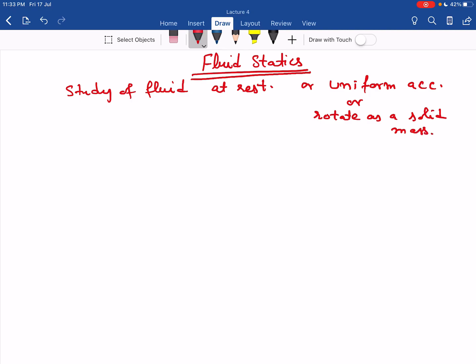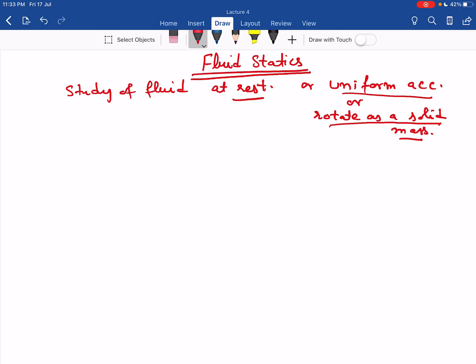Okay. So fluid statics means study of fluid at rest or the fluid which is moving with some uniform acceleration or fluid rotates as a solid mass with the container. So study of all such type of fluids comes under fluid statics.